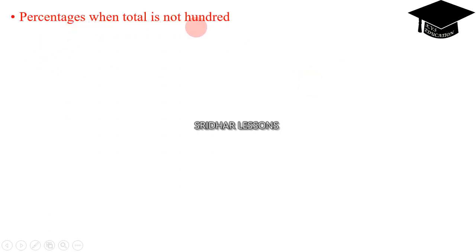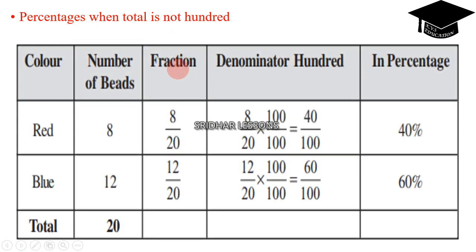Percentages when the total is not 100. See, for example, we have two different colors: red color and blue color. This is the total. How many beads do we have? Red color are beads, I think. The number of red beads is 8 and the blue beads are 12.